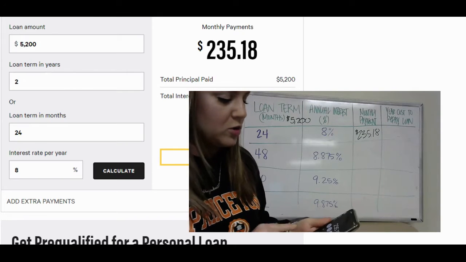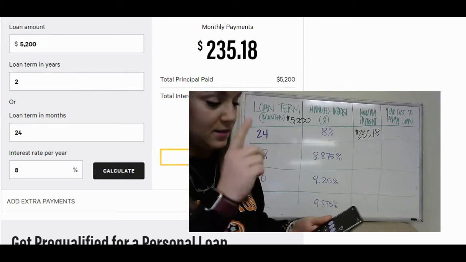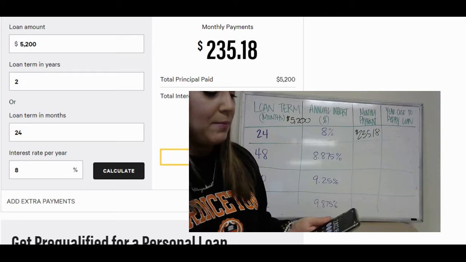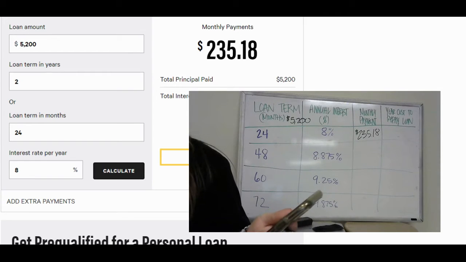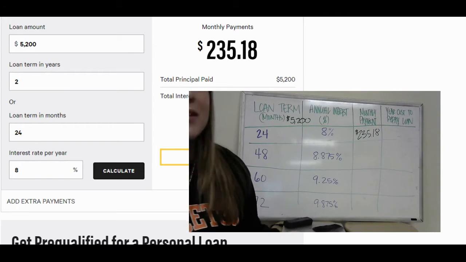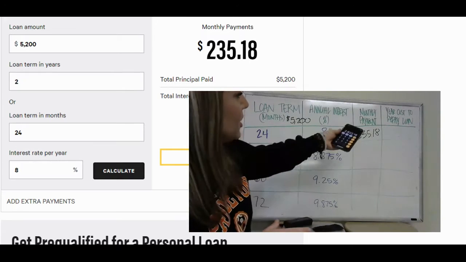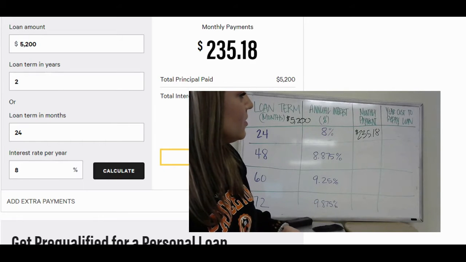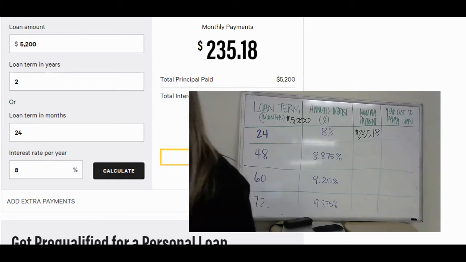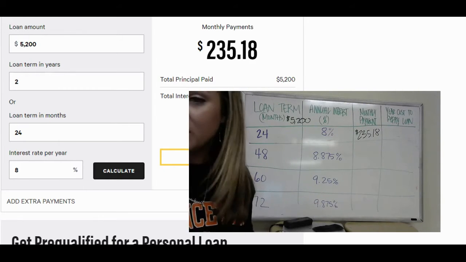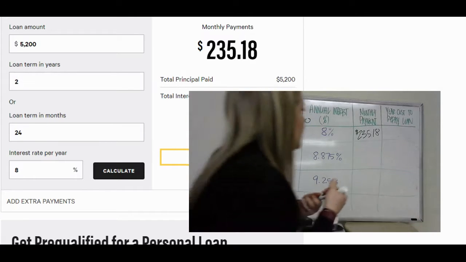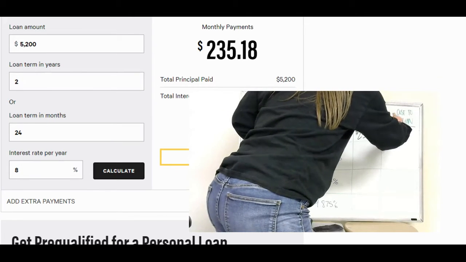Now, the total cost to repay it, if I took my calculator and took that number, 235.18, and multiplied that by 12 months, because that's your monthly payment, I'm going to get $2,822.16. Oh wait, it's supposed to be total cost, not yearly cost.